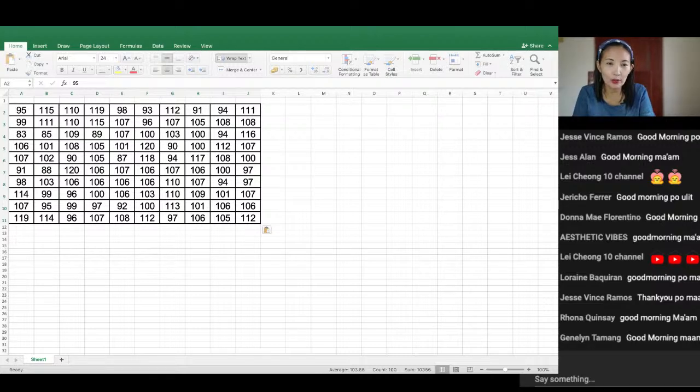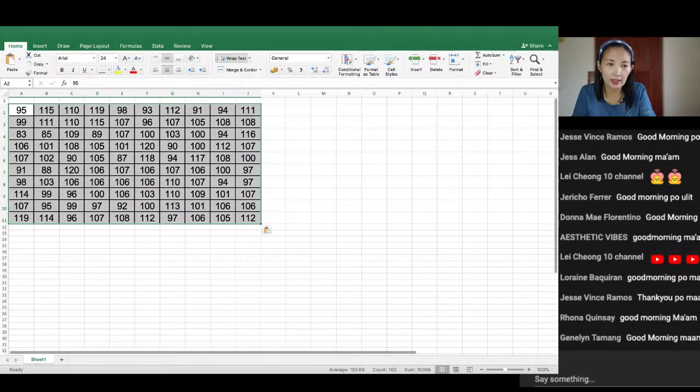So what are we going to do? We are going to construct a frequency distribution table out of this data. Let's proceed to Excel.